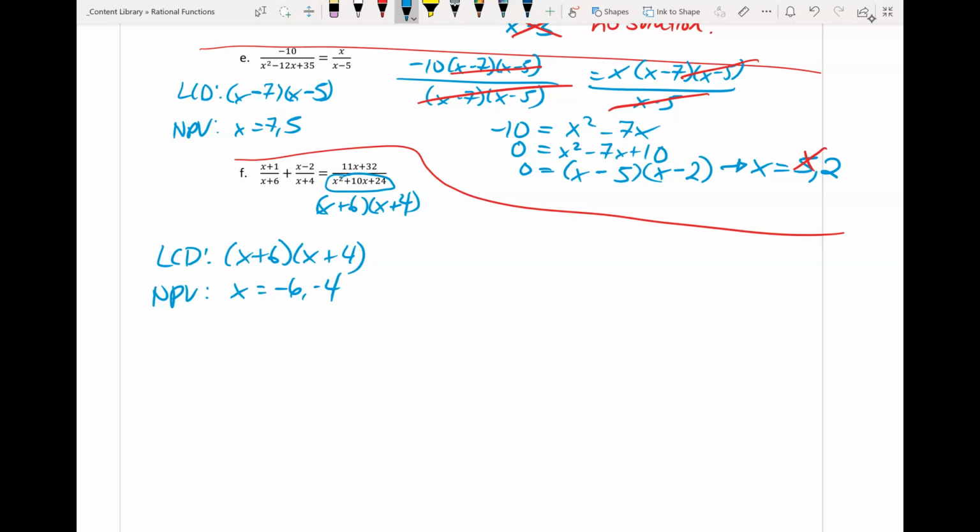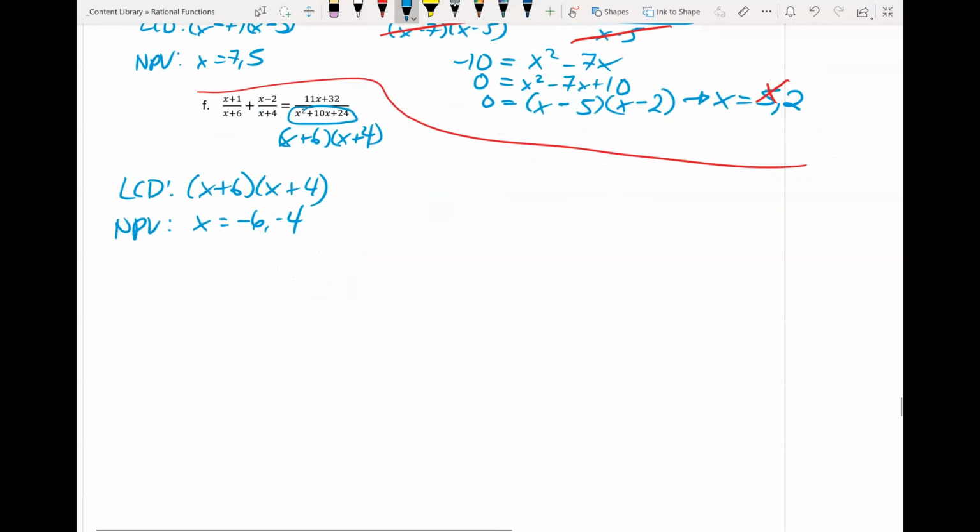Okay, I'm going to multiply each of these rationals by our LCD. It's going to look fairly long, but I'm going to write it all out so it looks more neat. So that's from your first rational.